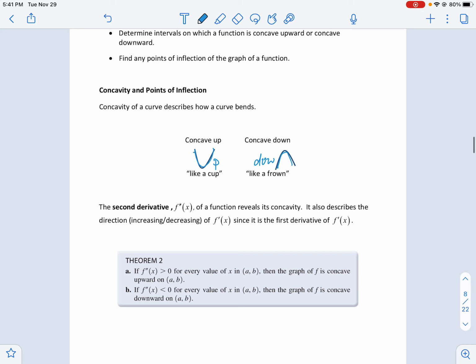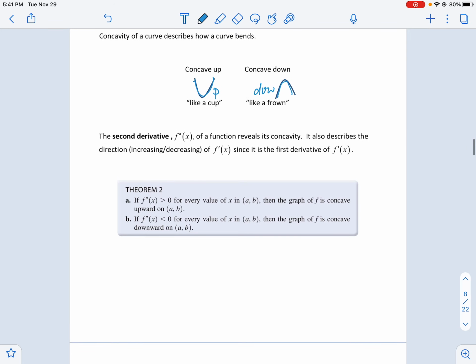Like I said before, we're using the second derivative. So we will do everything with our second derivative, and we'll do our sign chart just like we did in the previous lesson. So you'll see what I mean by a sign chart if you didn't understand from the first lesson. Mainly what we're looking at is if our second derivative is positive or negative.